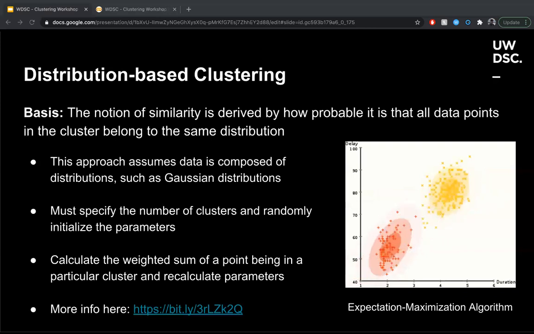And based on these probabilities, we can compute a new set of parameters for the Gaussian distribution such that we maximize the probabilities of data points within the clusters. And we compute these new parameters using a weighted sum of the data point positions, where the weights are the probabilities of each data point belonging to that particular cluster.